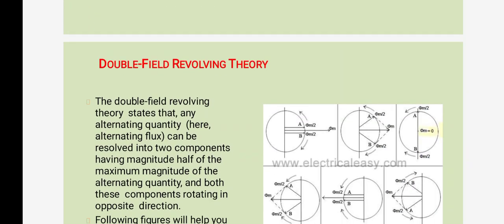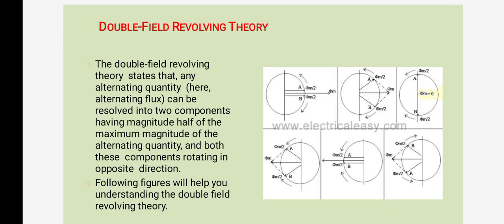So what is called the double field revolving theory? The double field revolving theory states that any alternating quantity, here alternating flux, can be resolved into two components having magnitude half of the maximum magnitude of the alternating quantity, and both these components rotate in opposite directions. You can see from the diagram phi A and phi B are the two magnetic quantities rotating in opposite directions.